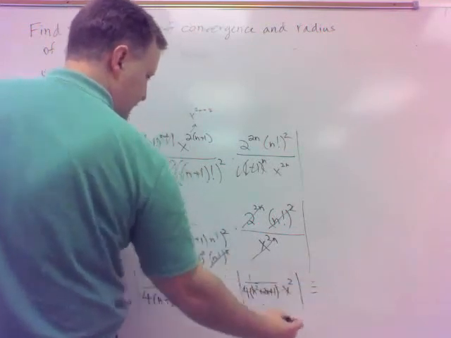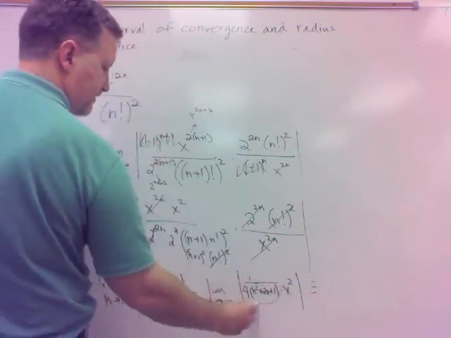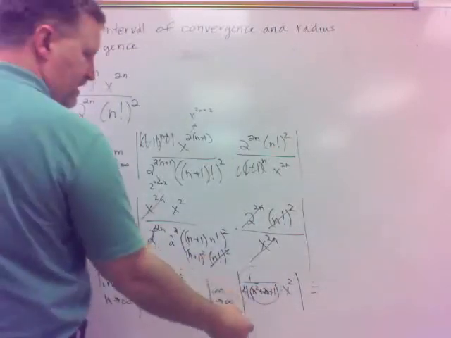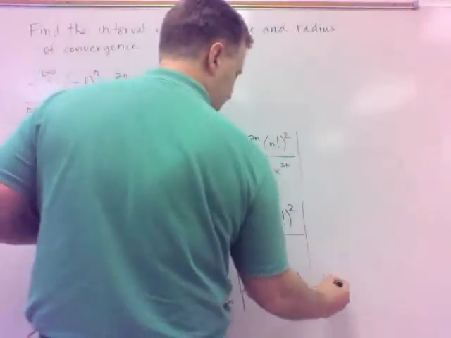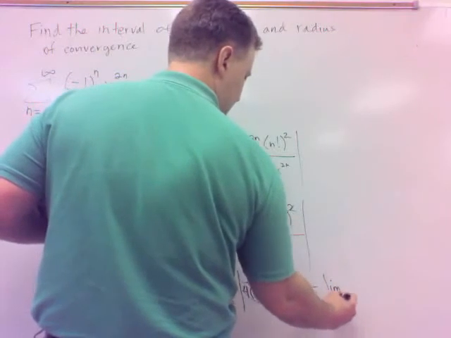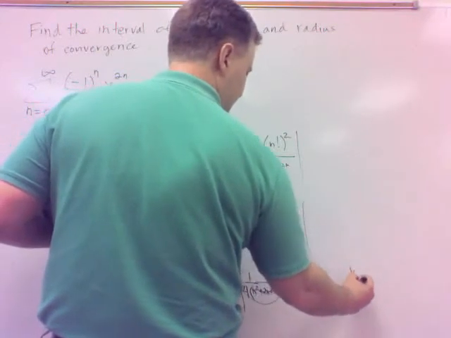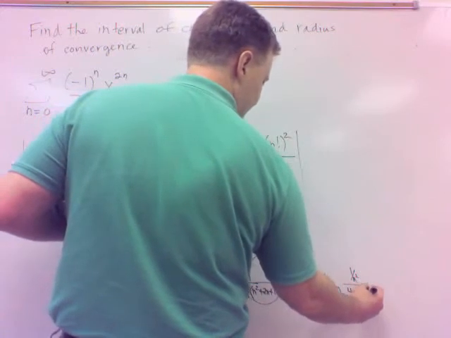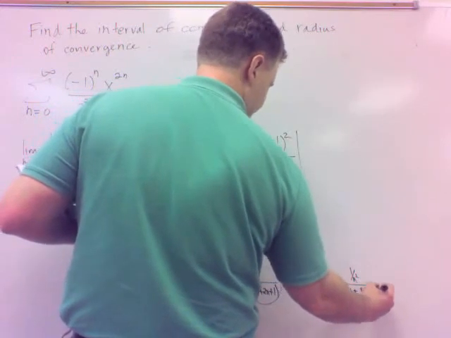But what about this right here? 1 divided by, if I divide that by n squared, zero, isn't it?